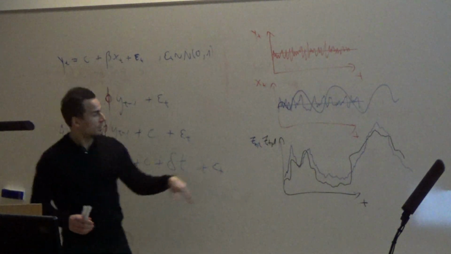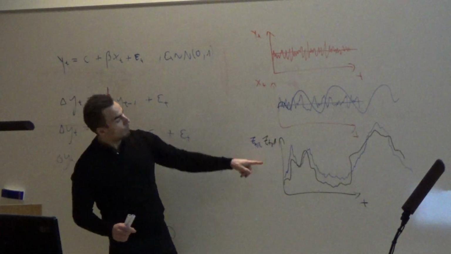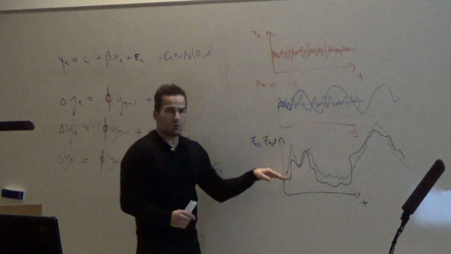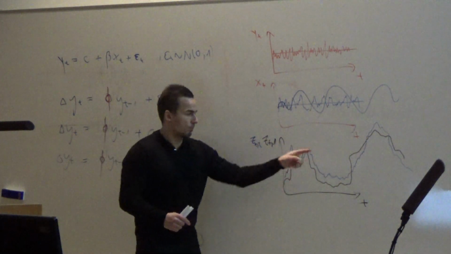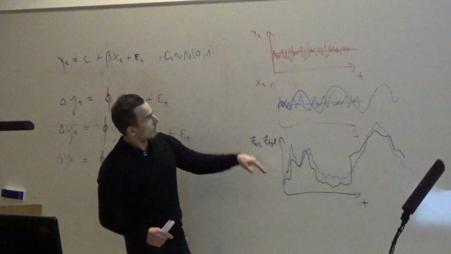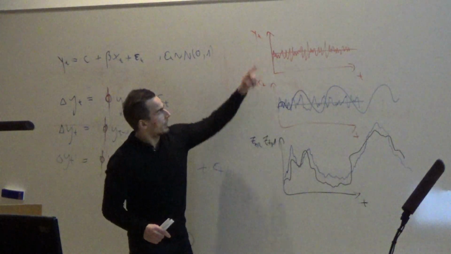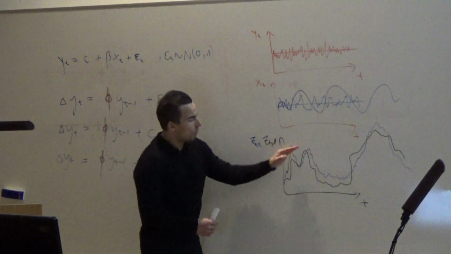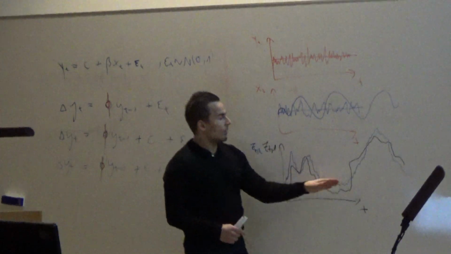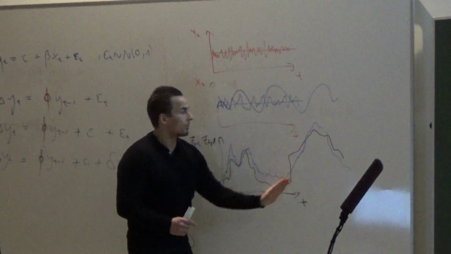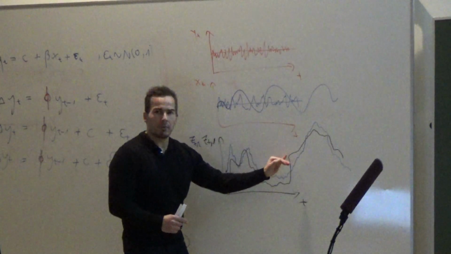what you see visually is that both processes are random walks, obviously, so they have bumps everywhere. They are both not erratic like this one, but they co-move in the same direction. When one of them peaks and moves up, the other one moves up as well, with a little time lag here and there.